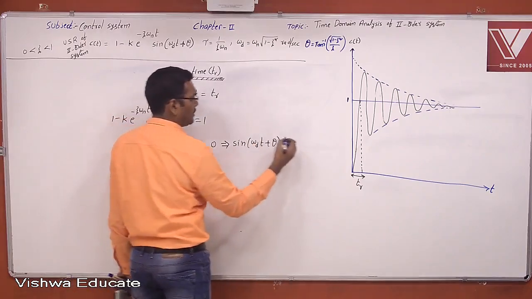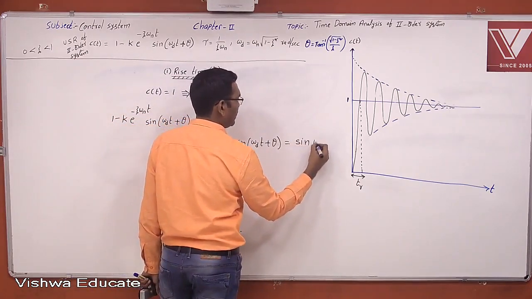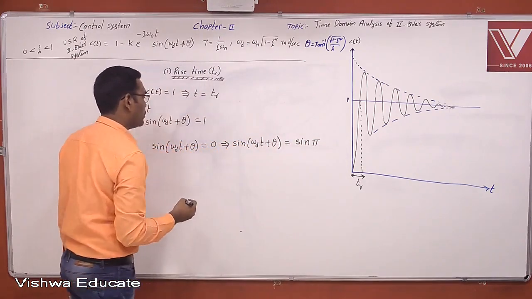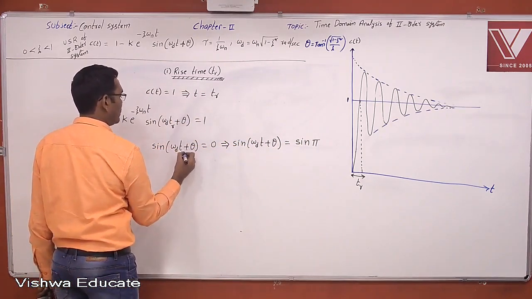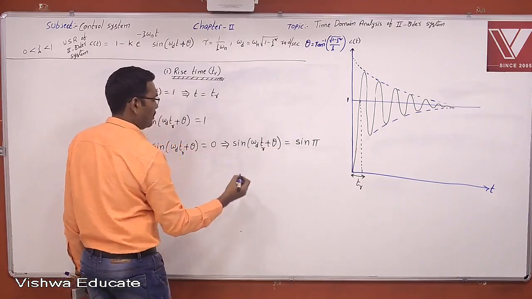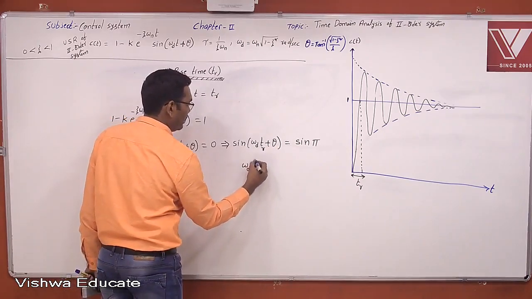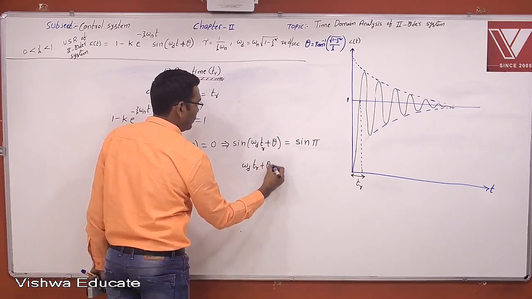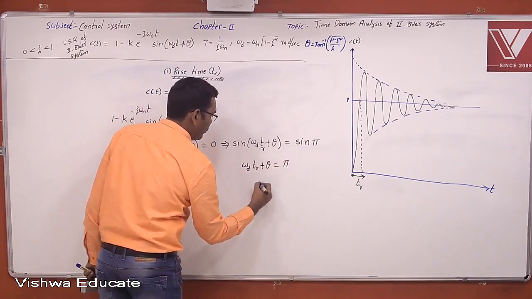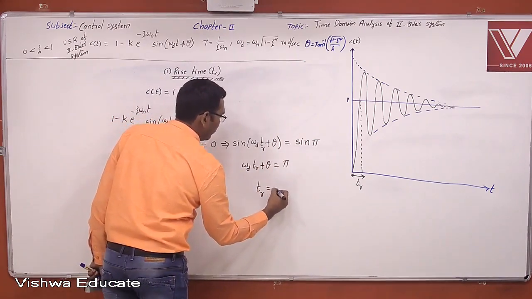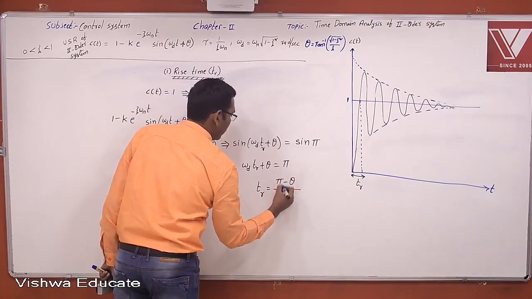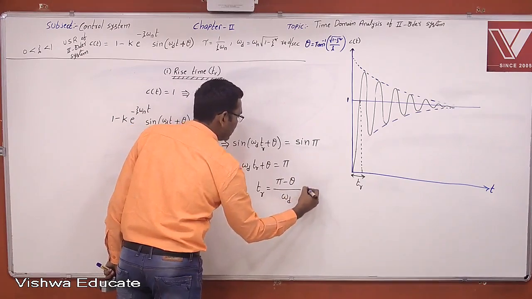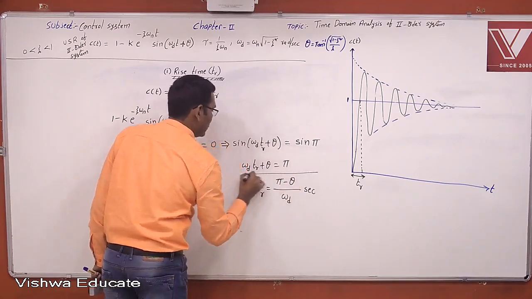Sine pi, sine 2 pi, sine n pi. Then I just take this as sine pi. If you compare these two, when the response is equal to 1, this time is called rise time. Therefore, omega d tr plus theta is equal to pi. Therefore, the rise time tr is equal to pi minus theta by omega d seconds. This is the rise time tr.